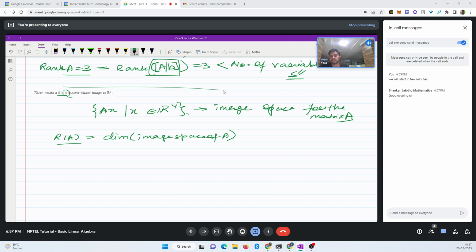Now if you look at the rank nullity theorem, in this case, what does that give? It gives you that 4 is equal to rank of A plus nullity of A. Now because all these quantities are greater than or equal to 0, nullity of A should be greater than or equal to 0.